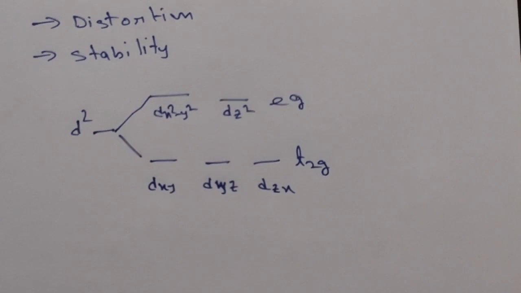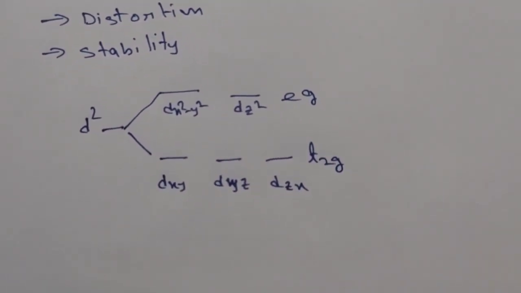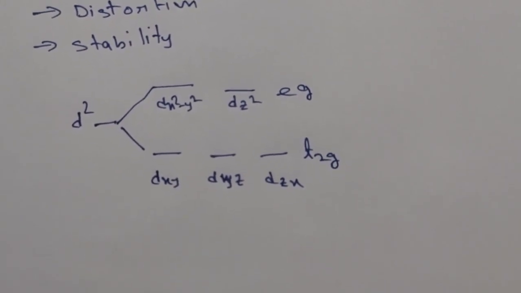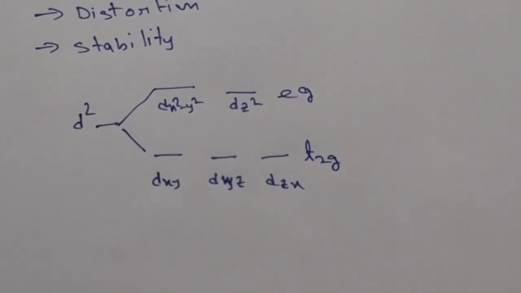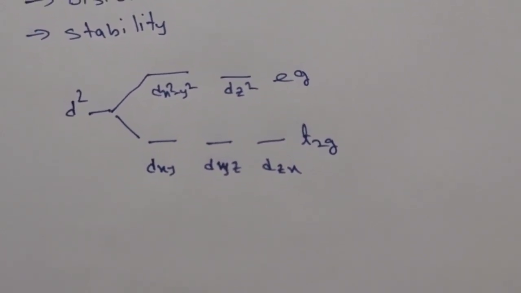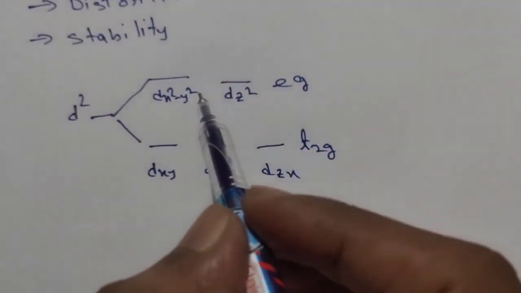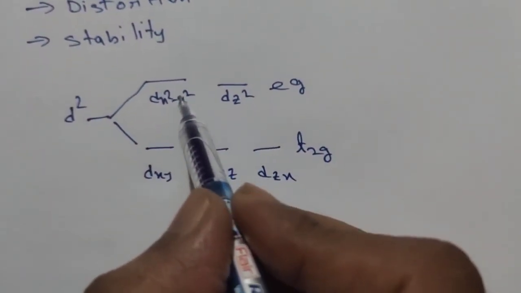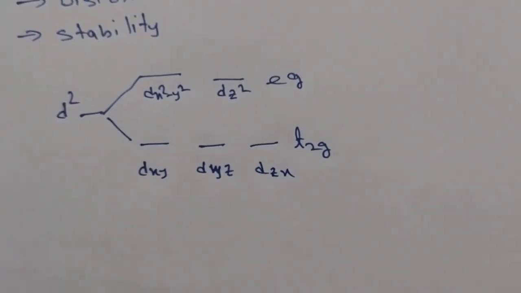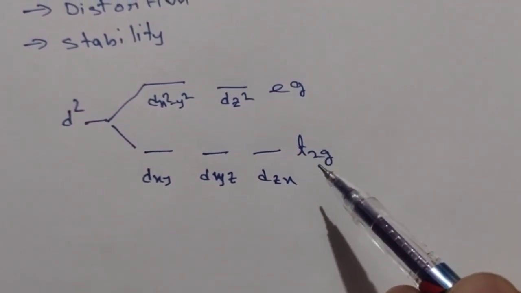overall structure. In octahedral complexes, we know the ligands bind to the metal along the x-axis, y-axis and z-axis, so the asymmetrical filling of Eg orbitals will have a higher Jahn Teller effect than the T2g set.